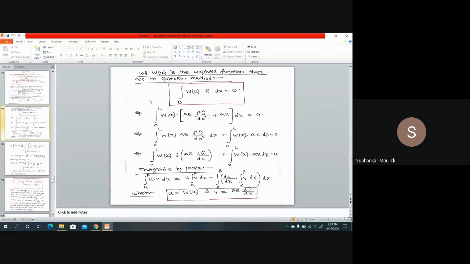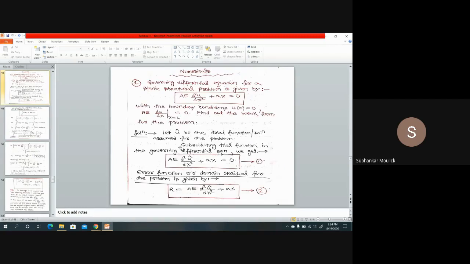Now, while finding the weak form, I have also told you in the last class that I will not replace this weighted function by the assumed trial function. Why? Because my aim is to get the weak form, and in order to get it, I have to reduce the order of this differential equation by du over dx, and one particular order will be left.